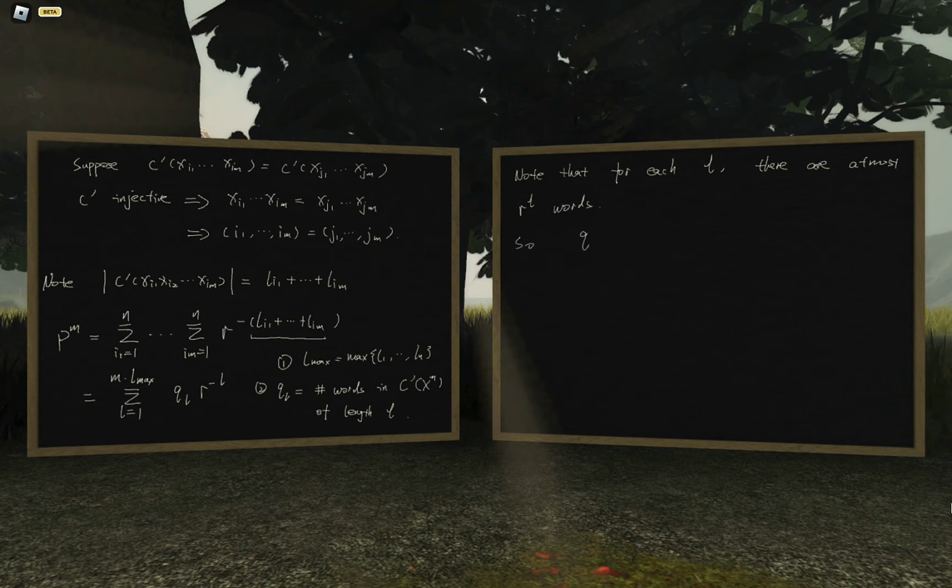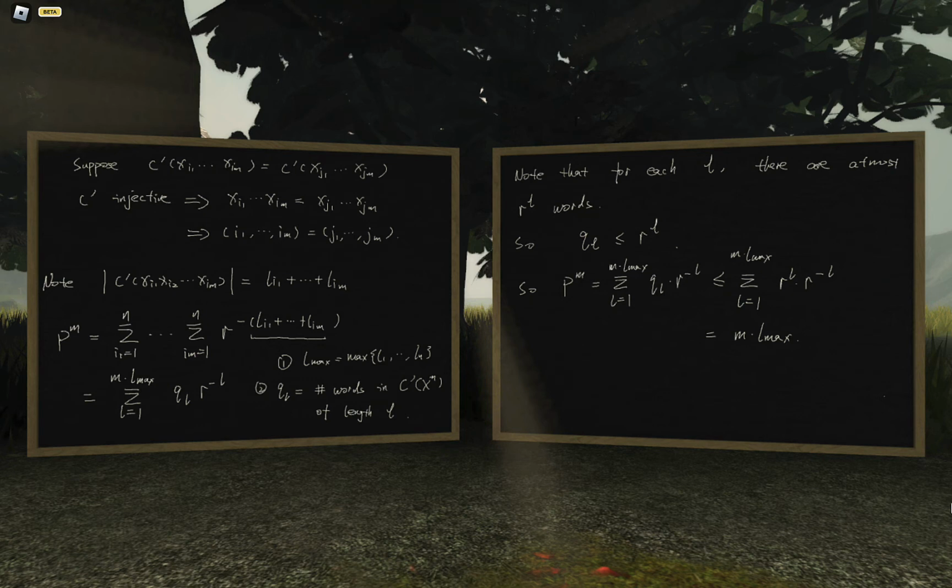So Q_L will be less than R to the power of L. So this number will be bounded by this, which is equal to M L max.